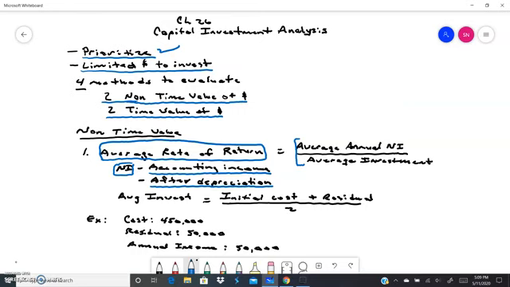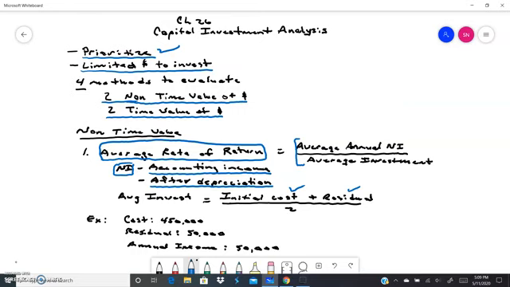And then our average investment is simply our initial cost plus the residual value for the investment, and we divide that by 2. So that gives us basically an average. So if we start off with a $1,000 asset, we depreciate that down to, let's say, 0 residual value, then our average asset value is $500 through the life of the asset, or the life of the project.